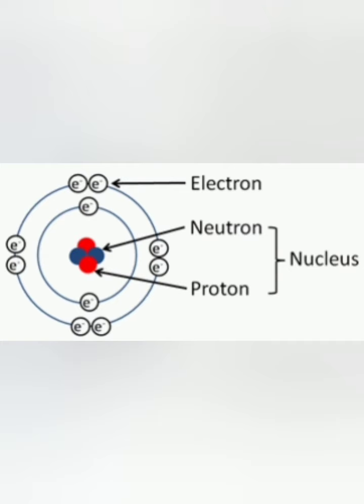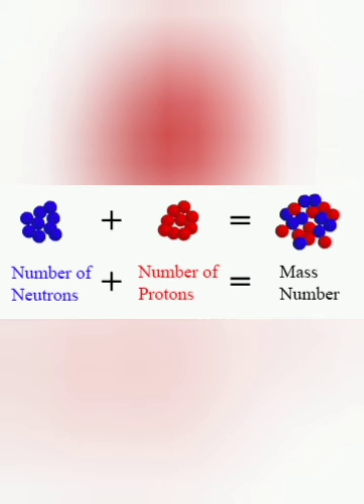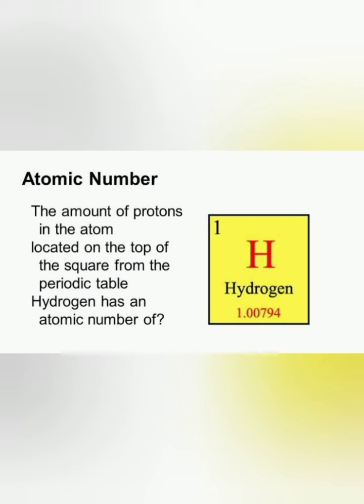What is the mass number? The mass number is the summation of the number of protons and number of neutrons. That means mass number equals number of protons plus number of neutrons. What is atomic number? We have to know the mass number and the atomic number.